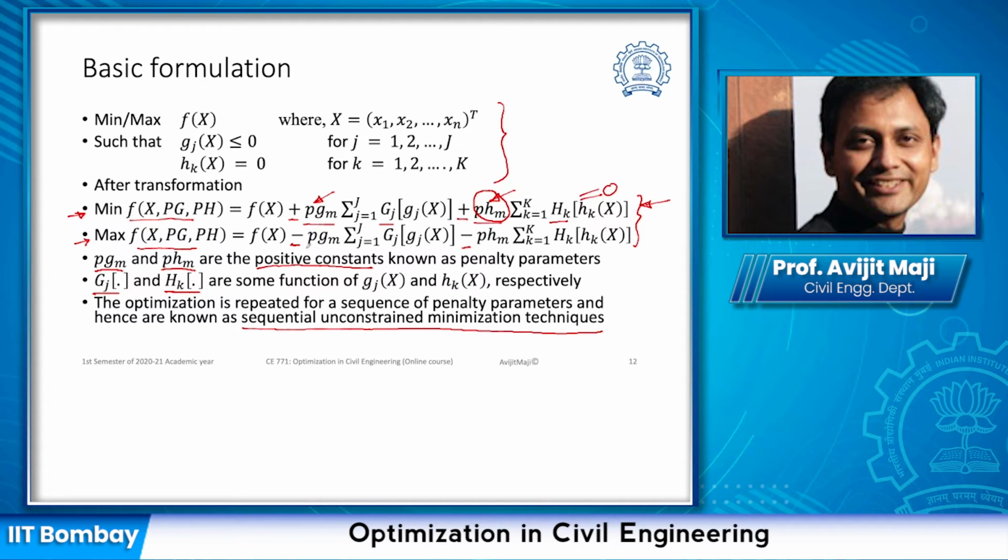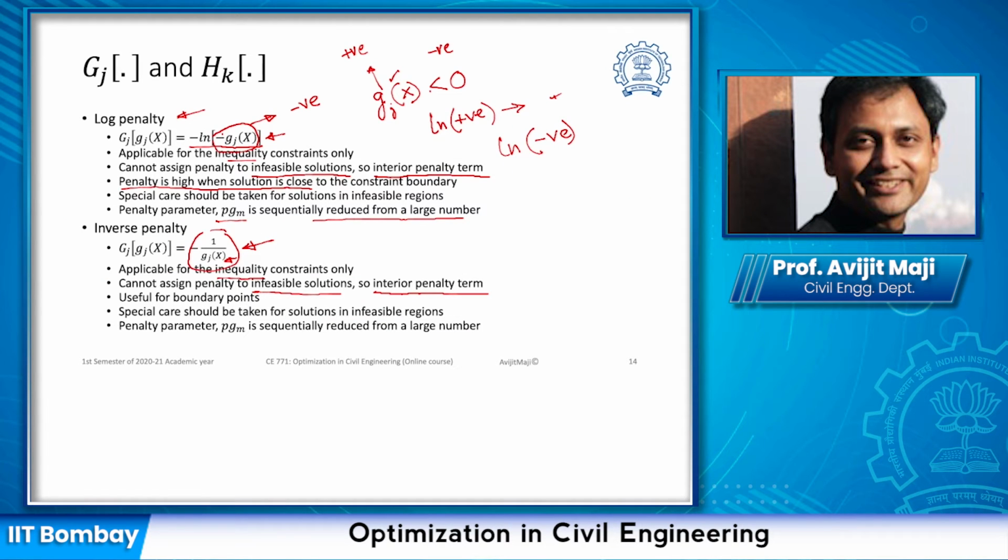And in case of a maximization problem, the negative value with the negative is going to be positive, so it is going to increase the objective function value, which means it is better than the point which is away from the boundary. So in a nutshell, this particular function helps to bring the optimum solution closer to the constraint boundary, whereas this particular function pushes the optimum solution away from the boundary.